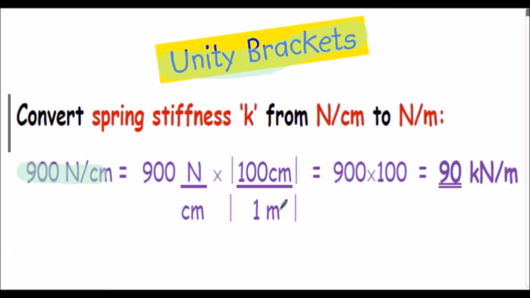So in this case, in our unity bracket, the 100 centimetres is written in the numerator because we have to cancel the centimetres. So we are left with the unit of the newton per metre for our spring stiffness. So 900 newtons per centimetre converts to 90 kilonewtons per metre. If you require further information, there is a separate presentation on unity brackets.